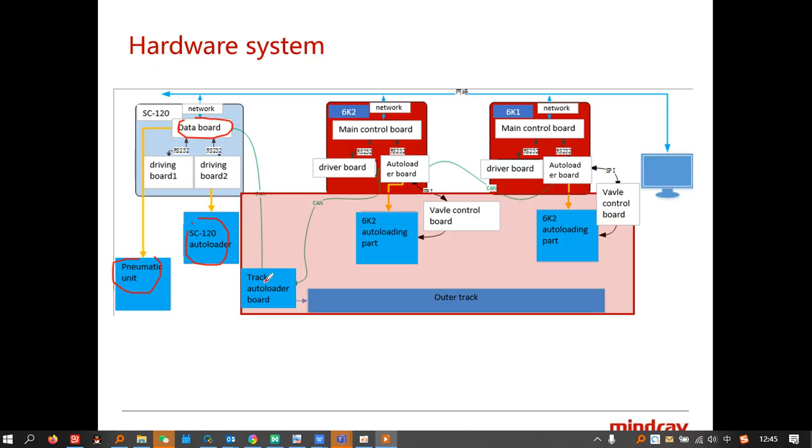And the track autoloader board will control the outer track and communicate with the drive board of the analyzer of the hematology line of the 6000.